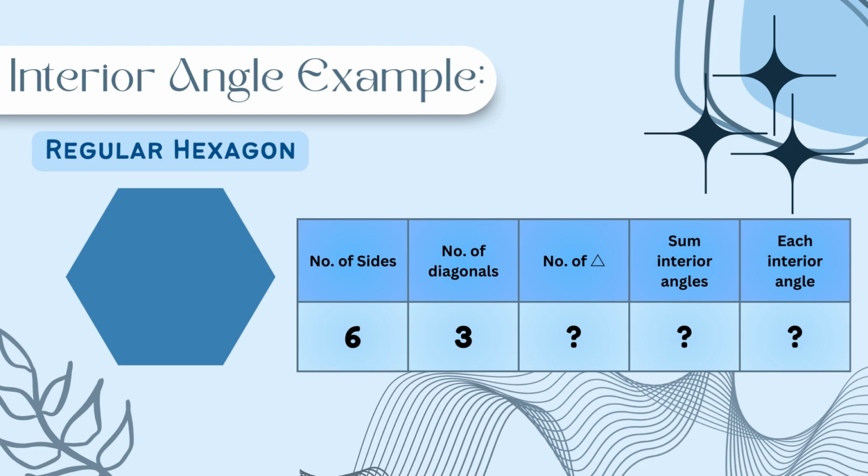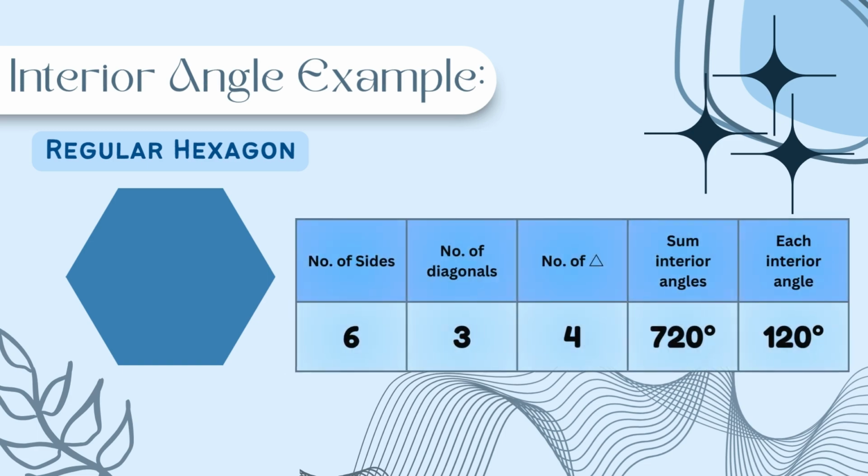Subtract 2 from 6 and we are left with 4 triangles. The sum of the interior angles of a hexagon is solved by multiplying 180 by the number of triangles, which results in 720. Lastly, divide 720 by the number of sides, which is 6, to get each interior angle of a hexagon.